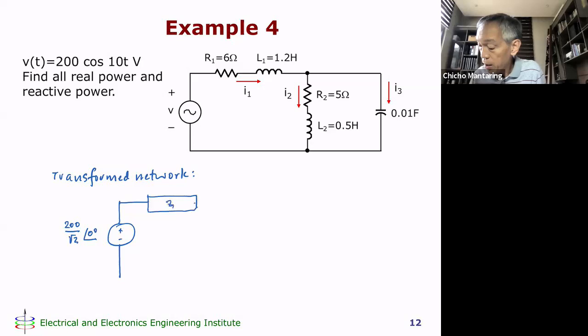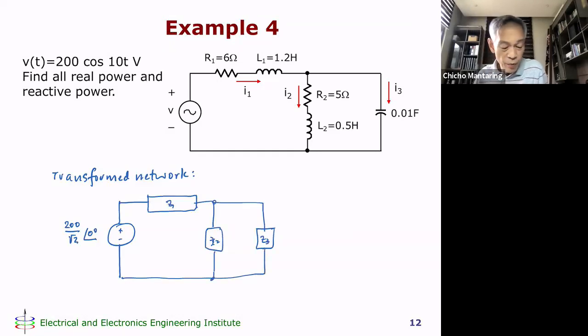Let's call this Z1, this Z2, and this Z3. Z1 is equal to 6 plus j12. Omega is equal to 10, L is equal to 1.2, so j omega L is equal to j12. Z2 is equal to 5 plus j5.